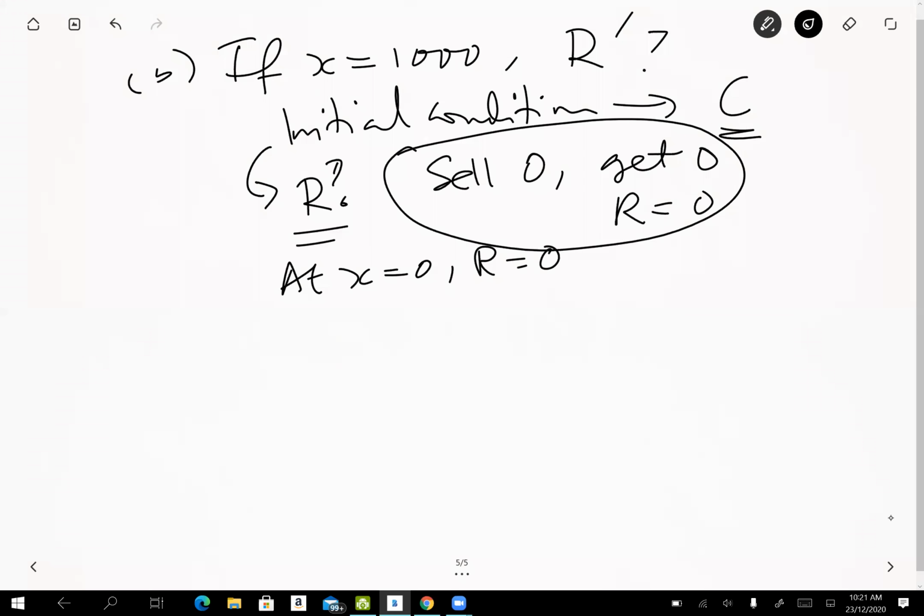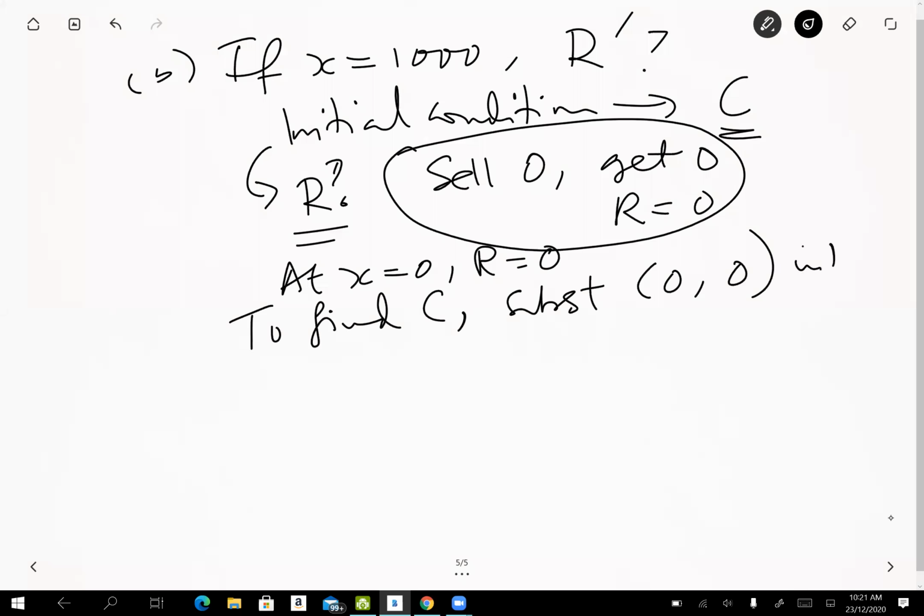So now you can find c. To find c, I substitute the point (0, 0) into R. I get 0 equal to the revenue function, 300 times 0 minus 0.1 times 0, plus the constant.